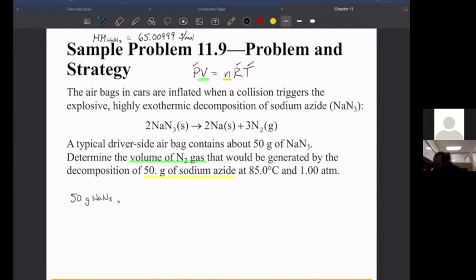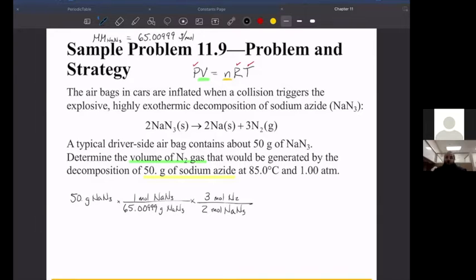Then I'm going to get from grams to moles by using this molar mass, 65.0099 grams of sodium azide per 1 mole of sodium azide. Now I can use my balanced chemical equation, which tells me that if 2 moles of sodium azide are consumed, I will produce 3 moles of nitrogen gas.